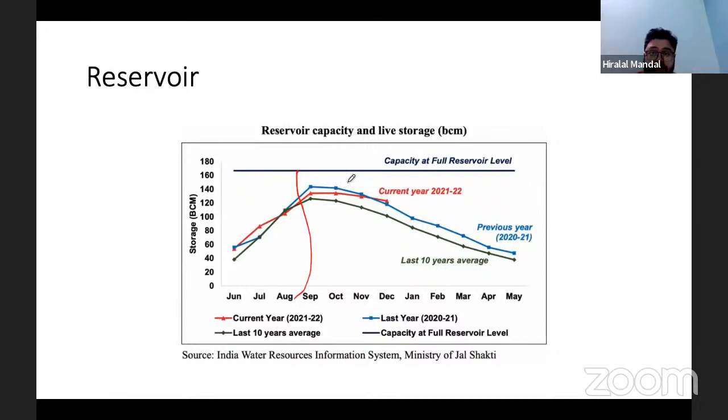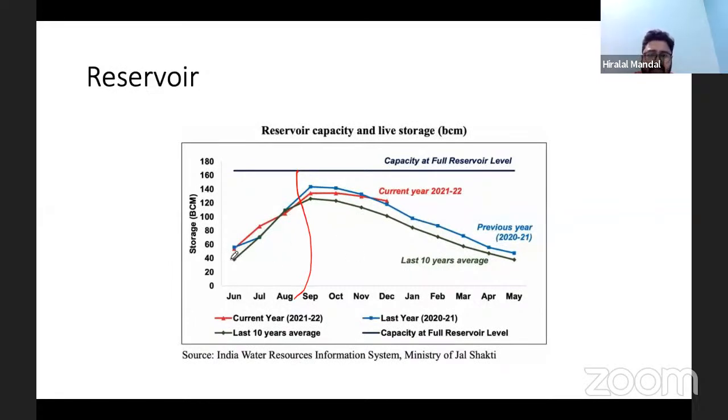So more reservoirs are at full capacity during the rainy season, and then it goes down as we arrive at the summer. That's the status.